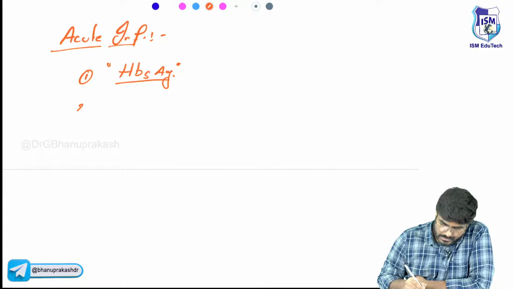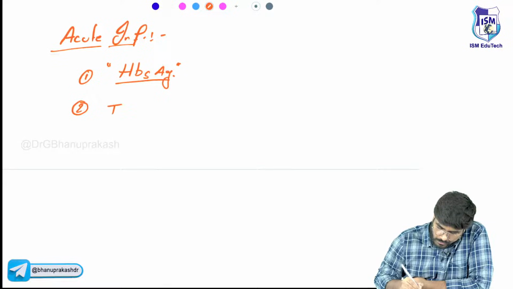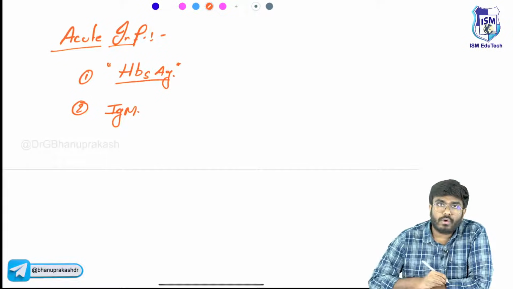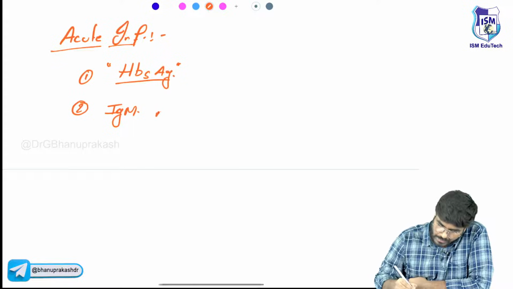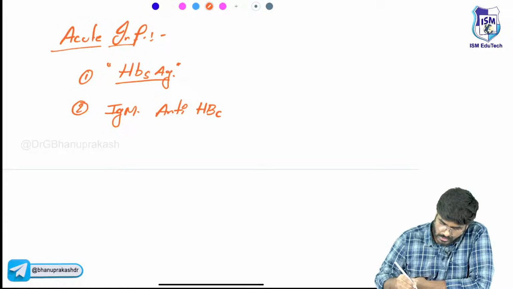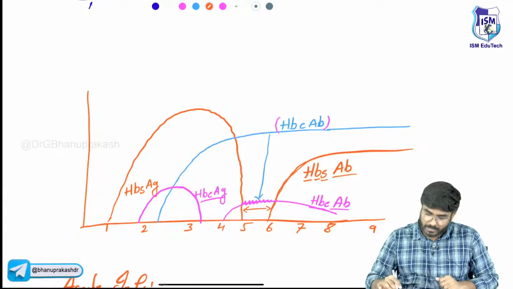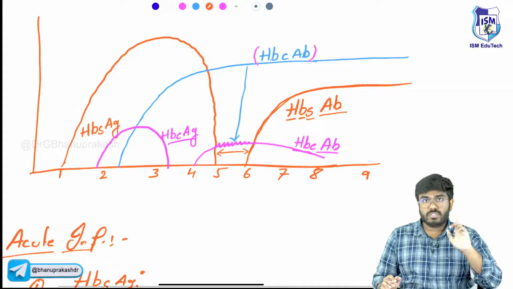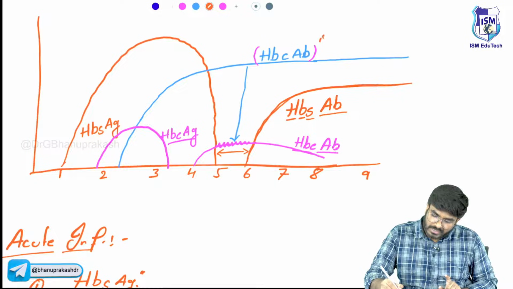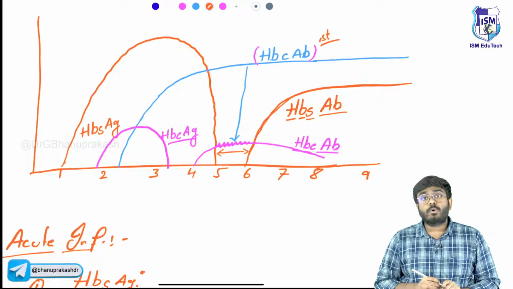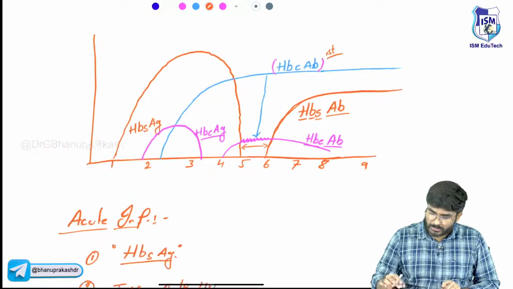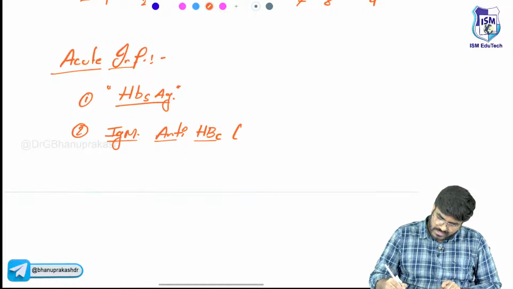Second thing, you are going to have the IgM variety of anti-hepatitis B core antibodies, because that's the first antibody. Look, what is the first antibody that is rising? The first antibody that is rising is the core antibody. It's the first antibody to rise.